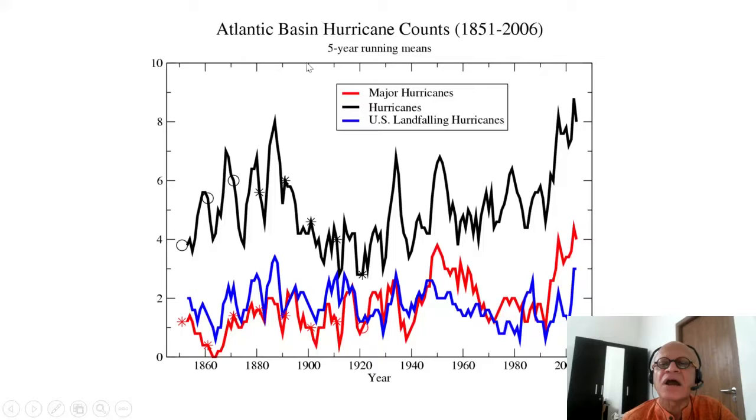This is another figure from the same report. Atlantic Basin hurricane counts from 1851 to 2006 with a 5-year running mean. We are looking at major hurricanes, 1980s onwards. Is there a strong trend? US landfalling hurricanes, not such a strong trend here. And all hurricanes, and is there a trend here?